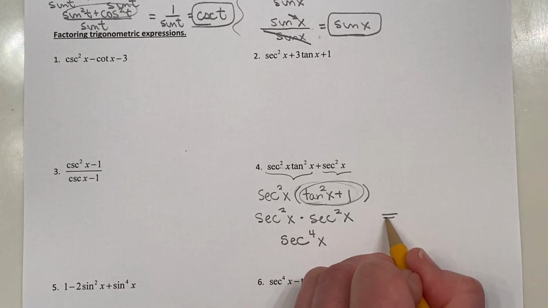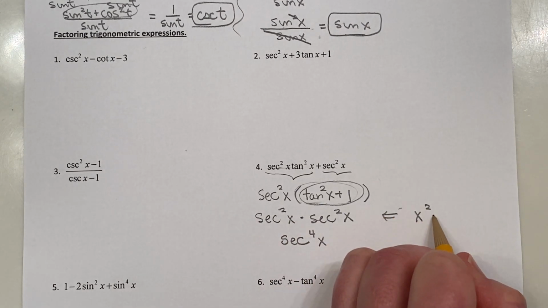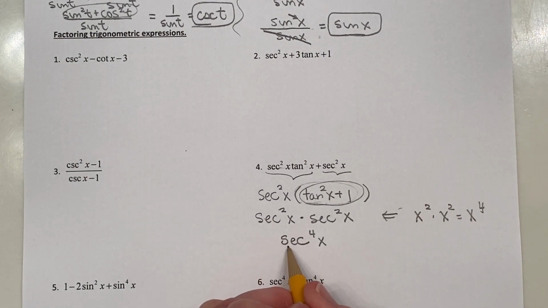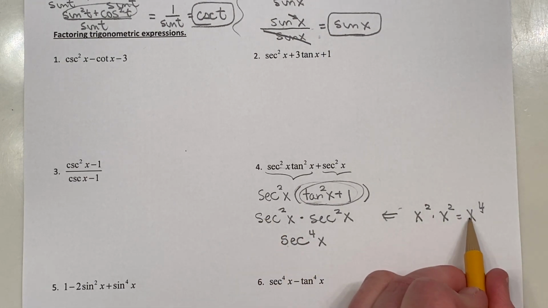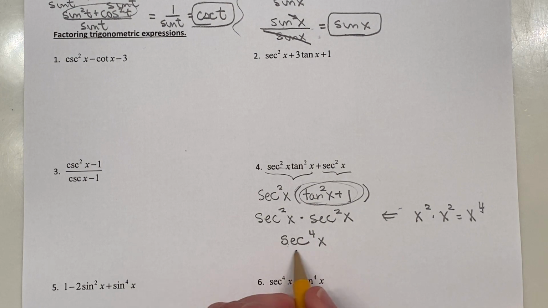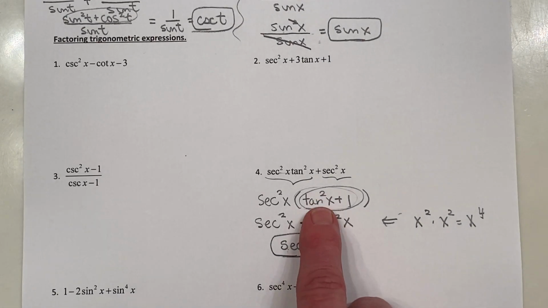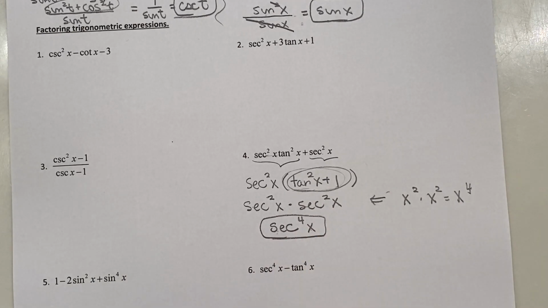Think of this as being x squared times x squared, that answer being x to the 4th, but now with the secant in it. Again, the 4 is not on the x, the 4 is on the secant. So did we factor? Yes, we did, but we also had to further simplify. All right, let's take a look at number 3.